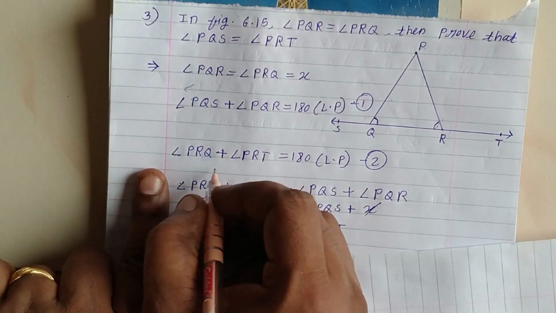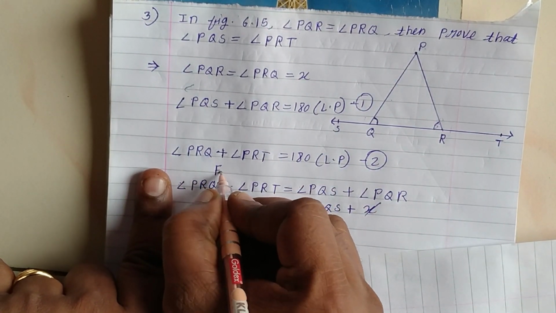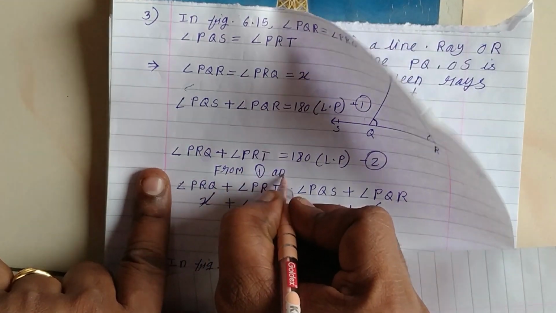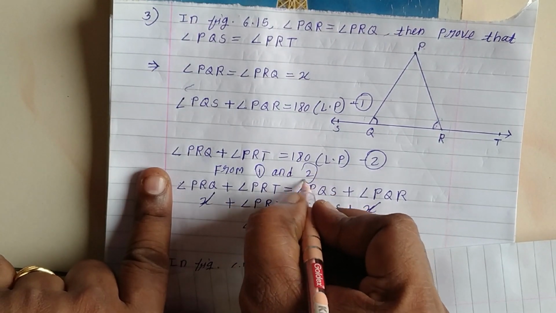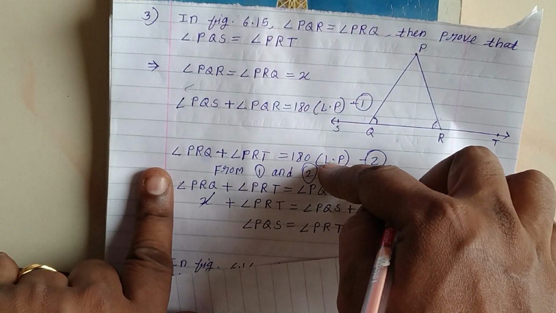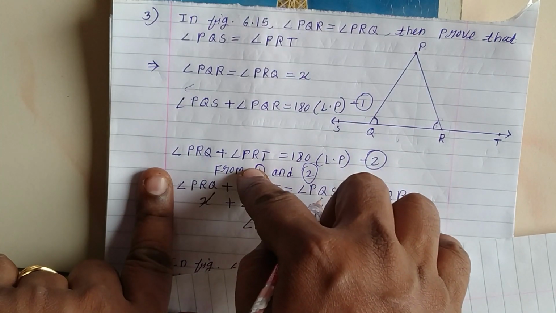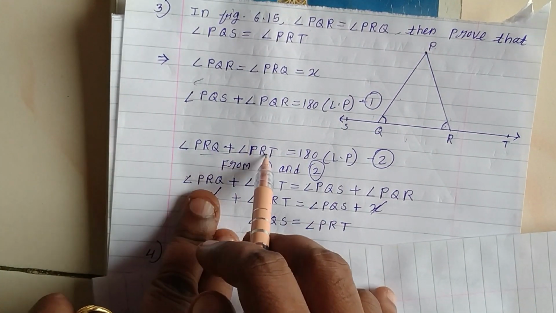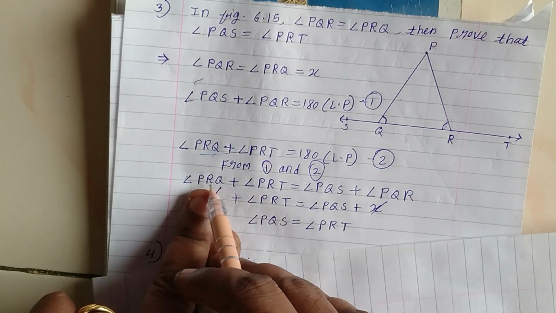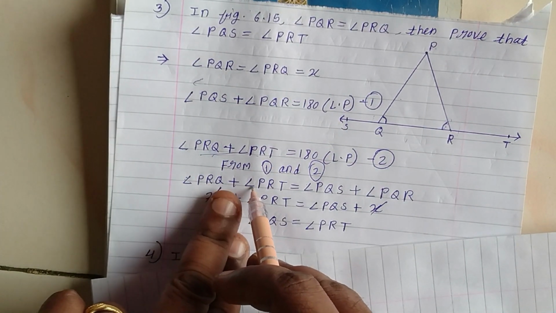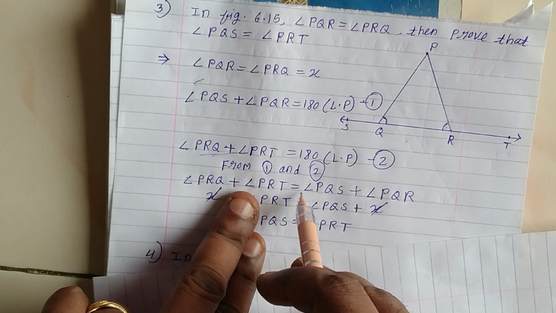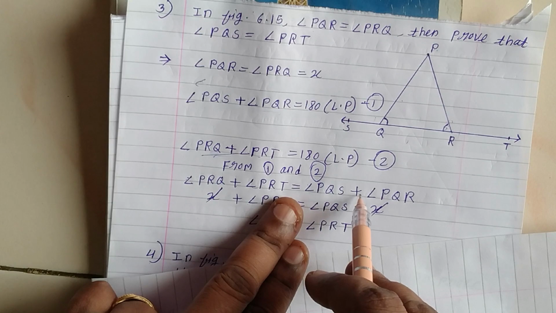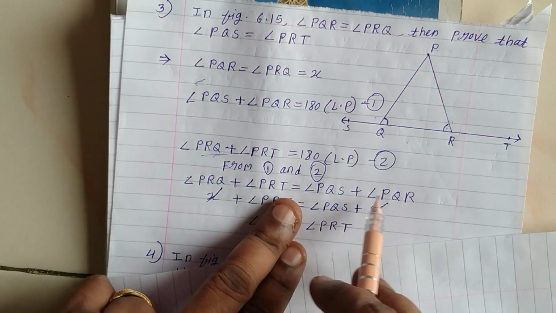Now observe 1 and 2. From 1 and 2, what can you see? The right hand side is equal, 180 and 180, so the left hand side will also be equal. First I have taken the left hand side of equation 2, that is angle PRQ plus angle PRT, is equal to the left hand side of equation 1, that is angle PQS plus angle PQR.